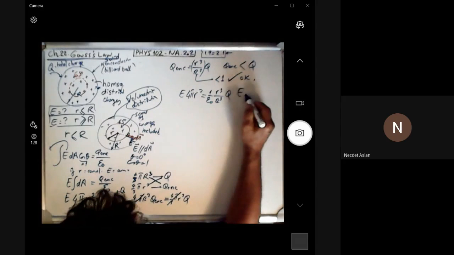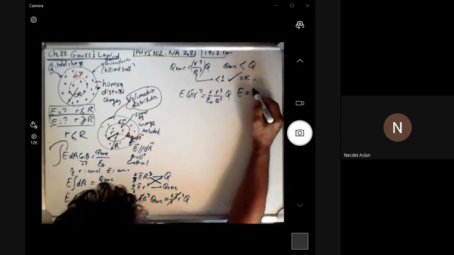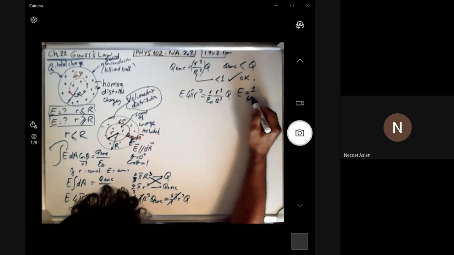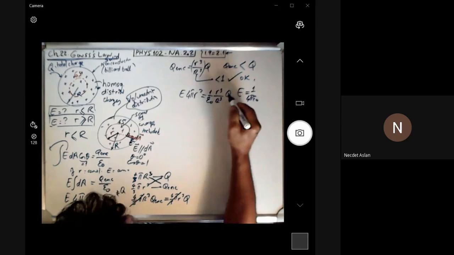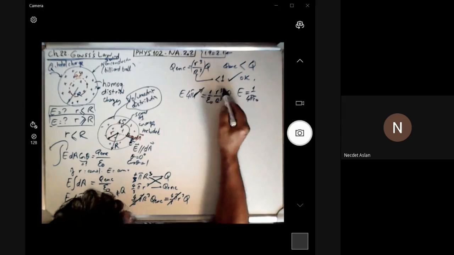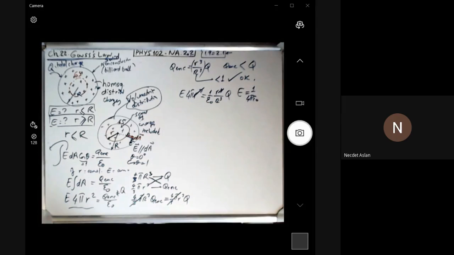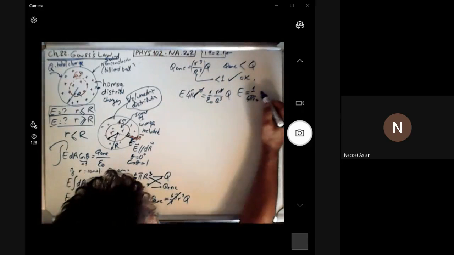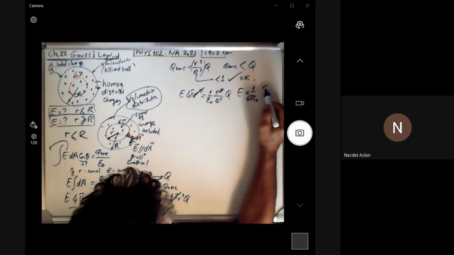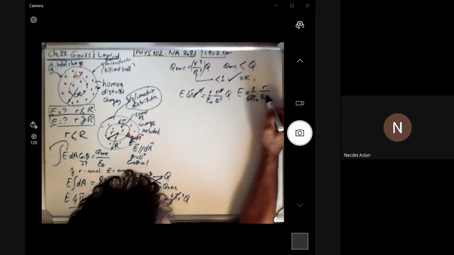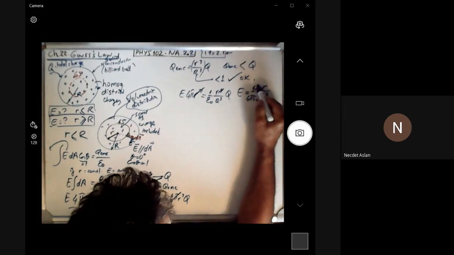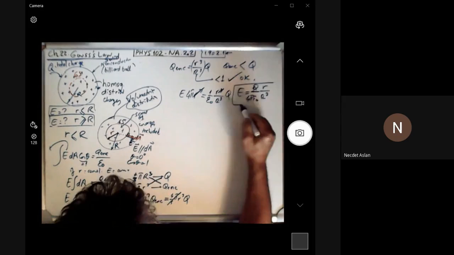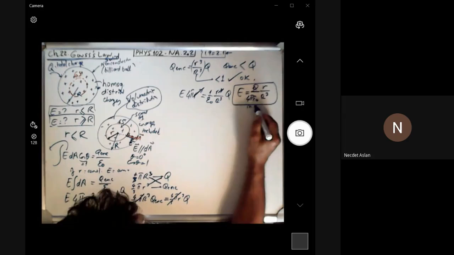So inside, electric field is given by, again, 1 over 4 pi epsilon 0, which is K. Now, as you see, r squared cancels r squared on the right-hand side, and we are left with just r. It's just r over R cubed times Q. So basically, this is the electric field inside.